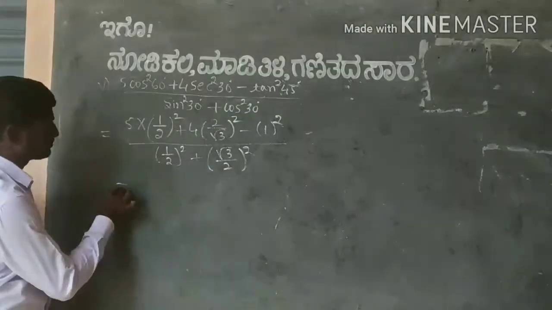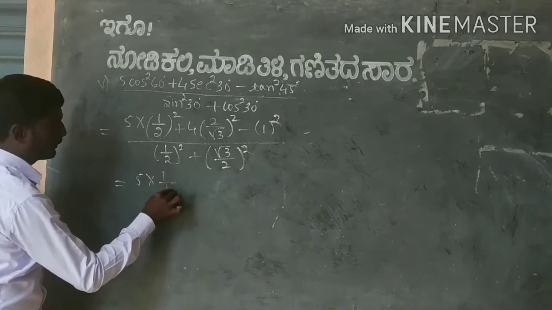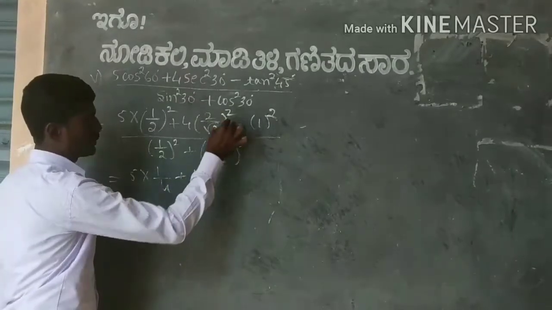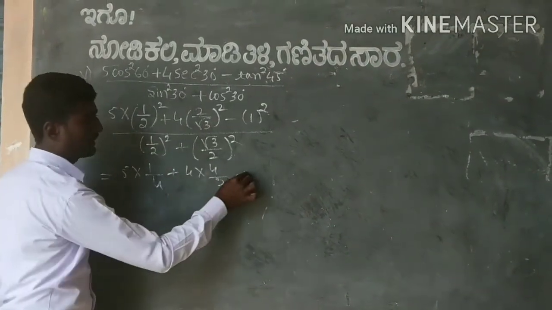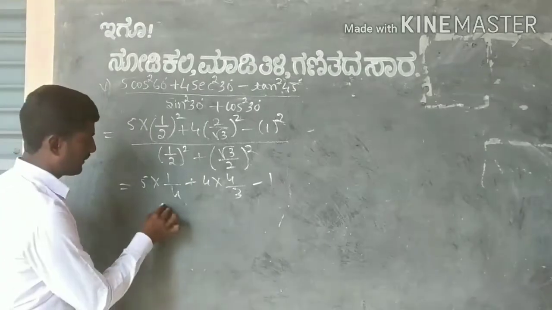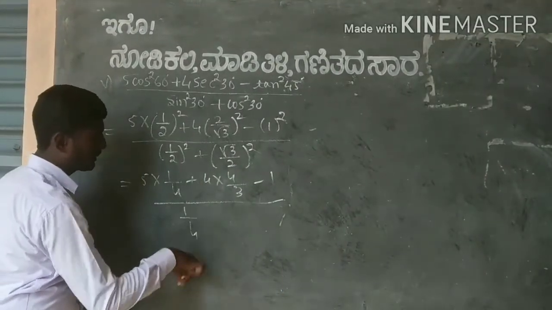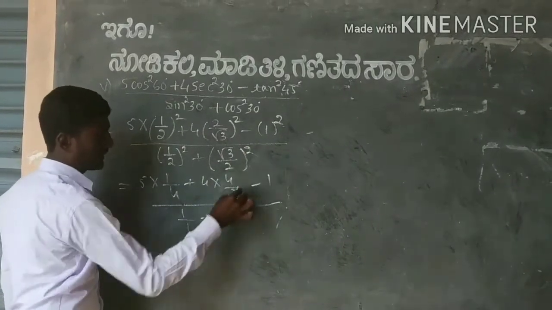This is equals to 5 into 1 by 2 square, it is 1 by 4, plus 4 into 2 square, it is 4, root 3 square, it is 3, minus 1, divided by 1 by 2 square, it is 1 by 4, plus root 3 square, it is 3, 2 square, it is 4.